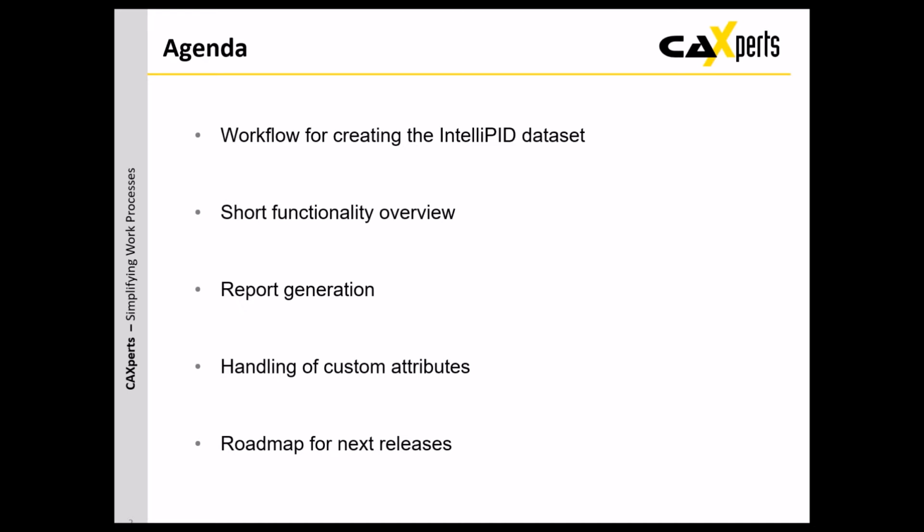It's just a short overview, so that people who have not seen the tool before know what it is about. And then we will come to the main topics for today, which are the new functions, like the possibility to generate reports, like the handling of custom attributes. And also I will talk about the roadmap for the next upcoming releases.